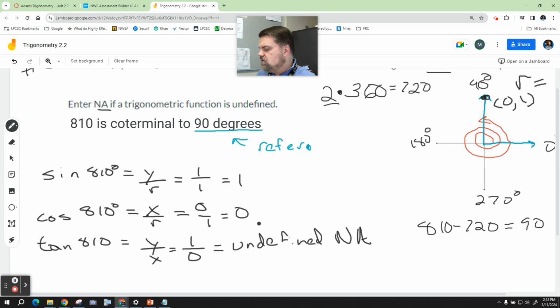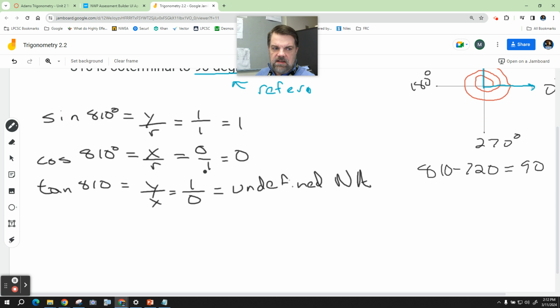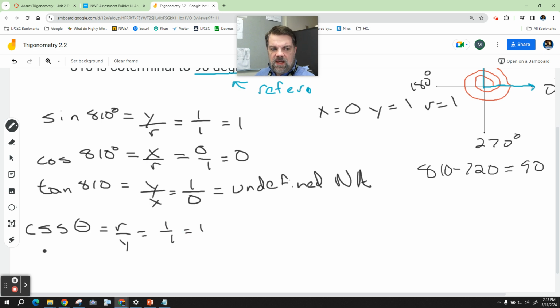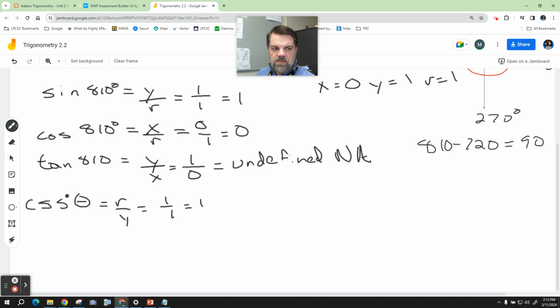Now, the rest of these are just the reciprocals. So, to continue, cosecant is the reciprocal of sine. So this would be r over y. We're saying that x is equal to 0, y is equal to 1, and r is equal to 1 because it's a unit circle. So this is 1 over 1, which is just 1.